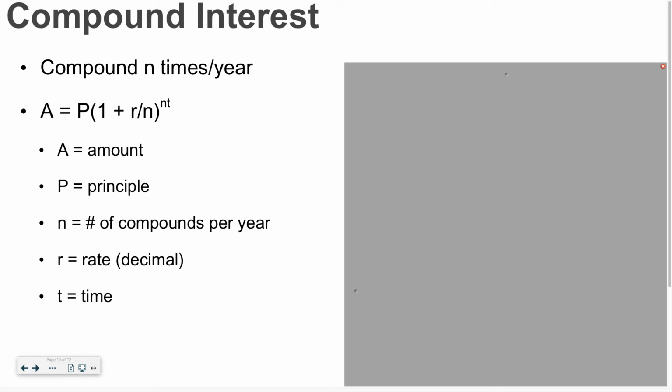And so if it's calculated a certain number of times per year, we have to use this compound interest formula, where A is the amount you get after you have an initial principal, number of times you compounded per year, rate, and time. Please make a note, time always has to be in years. So if it's not years, you would have to adjust that. Like if I say 36 months, 3 years, time would be 3. Okay?